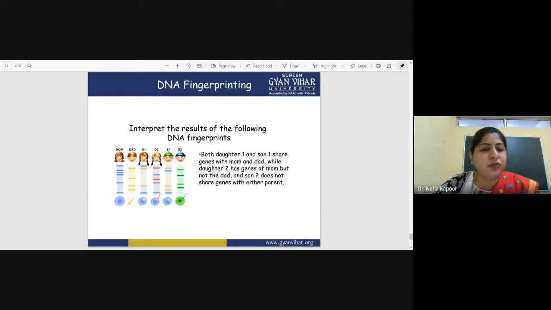However, daughter 2 and S2 are not showing that kind of similarity. Daughter 2 has some genes of mom, but not the dad, and son 2 doesn't share genes with the parents. In that case, D1 and S1, daughter 1 and son 1, are the kids of mom and dad, the biological father and mother of these two kids.